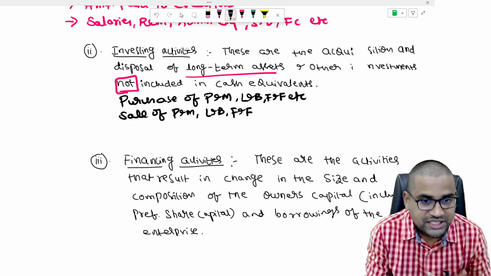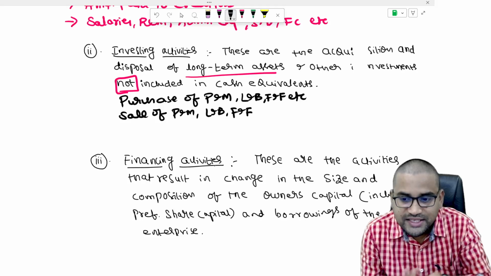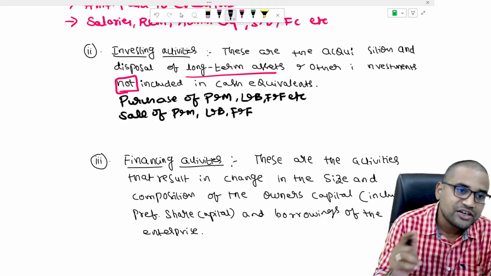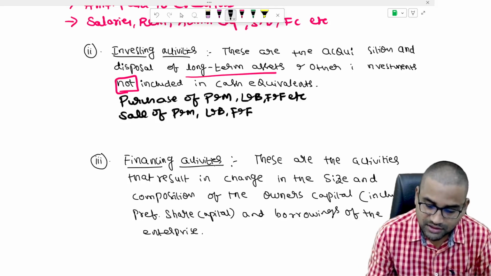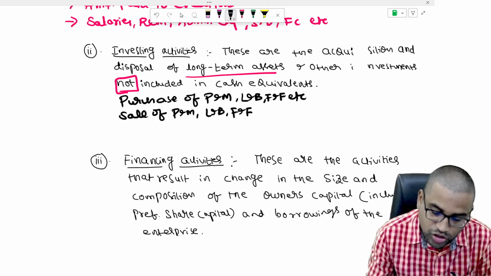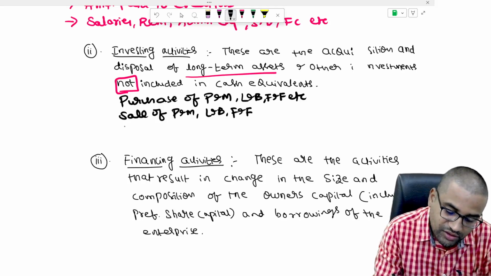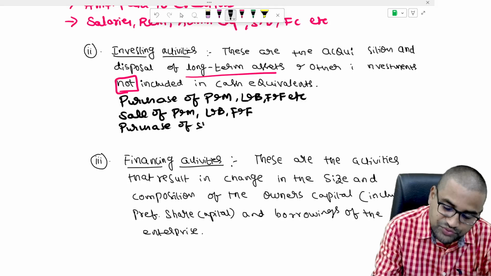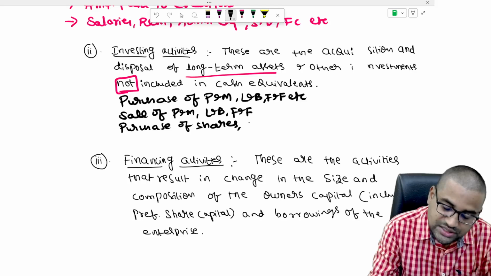I have just written some assets, sir. Any other long-term assets, you take here. All transactions relating to assets, purchases and sales, which involve cash, come here. Not only that, investment. For example, our company invested in shares. Suppose purchase of shares. That means we purchased shares of another company.